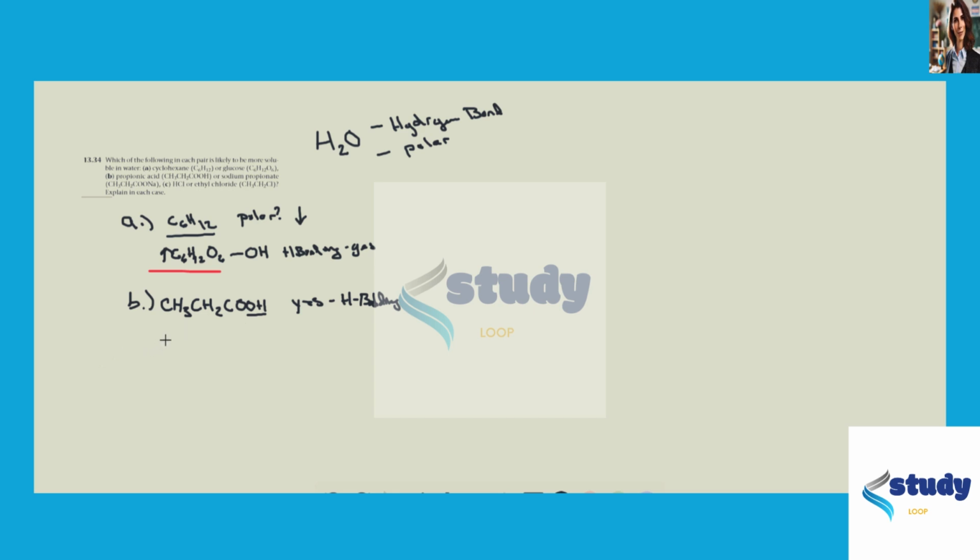And let's look at its cohort. So we're comparing it to sodium propionate. Again, another CH3 to start with, CH2, and then we have COONa. So the only difference here I see between these two molecules is this group right here. Do we have any carbon or hydrogens bonded to oxygen?